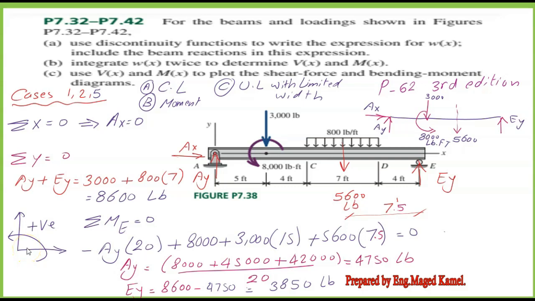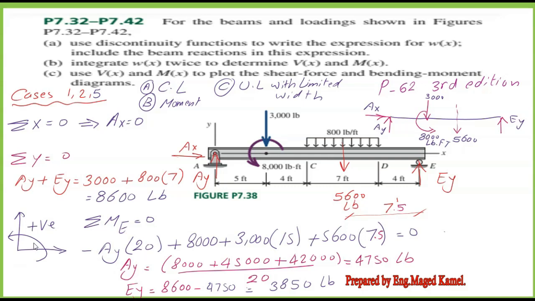There is also a limited width downward uniform load of 800 pounds per foot with a length of 7 feet, starting from x equals 9 feet. This problem covers cases number 1, 2, and 5 from the discontinuity table.